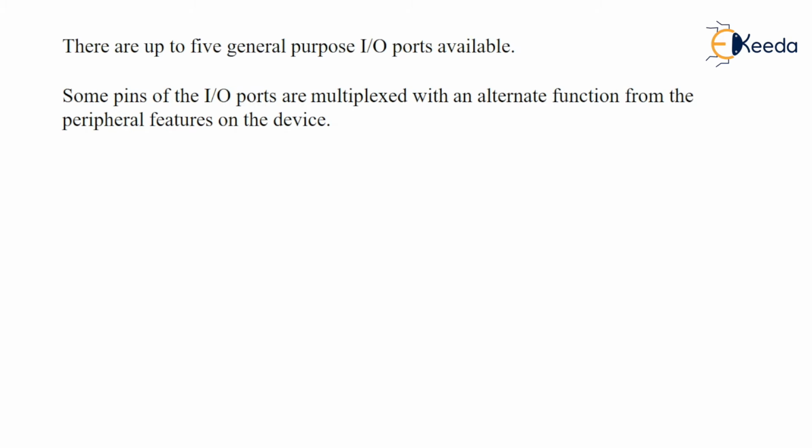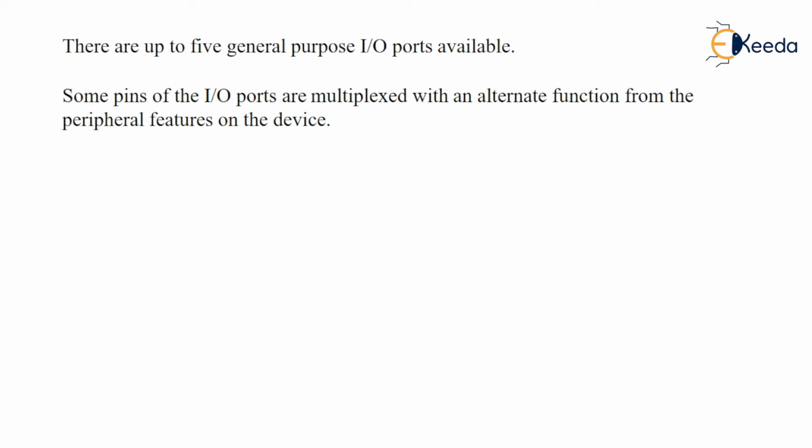Some pins of IO ports are multiplexed with an alternate function from the peripheral features on the device. What is meant by it? Each pin of the PIC18 microcontroller has multiple functions. One pin can perform more than 2 functions. For example, port A has input as well as output, and a third function as an analog input to the inbuilt ADC.